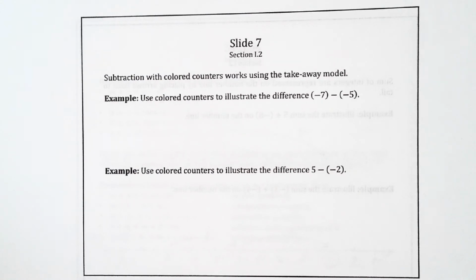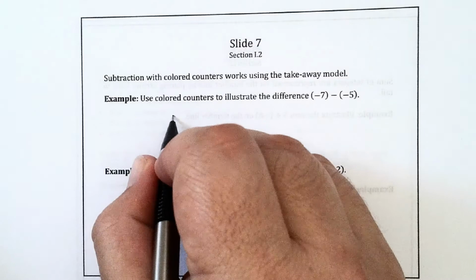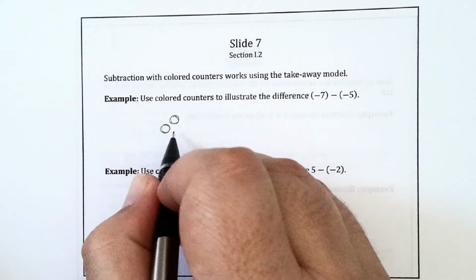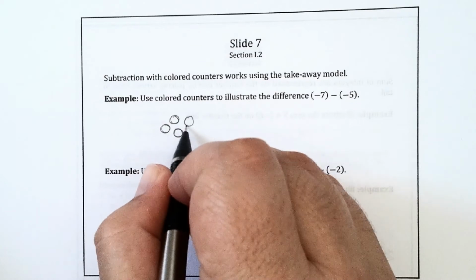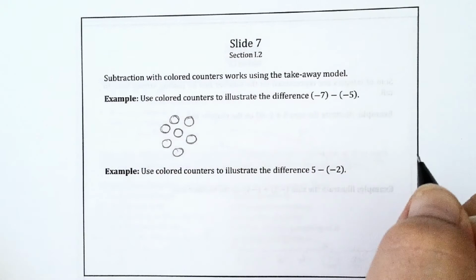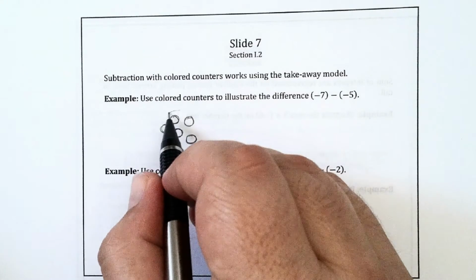So for example, let's think about negative 7 minus negative 5. Well, I need a representation for negative 7, and the easiest one is 7 white counters. So that's negative 7.